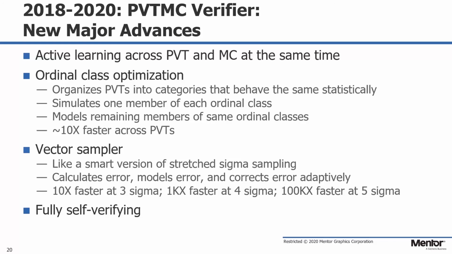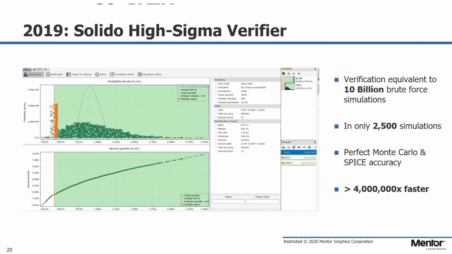We can also get 10x speed ups at 3 sigma, 1000x at 4 sigma, 100,000x at 5 sigma compared to brute force. So it's really nice. And then it's also got a really cool self-verification algorithm built in. So that's some of the neat stuff that we're doing. That's all current work. It's still improving, still advancing. It was released 2 years ago, but we're actively working on it.